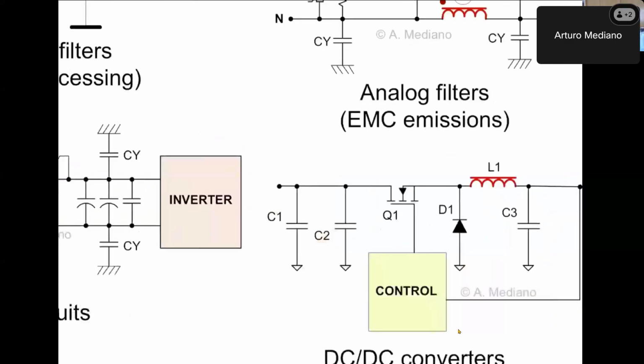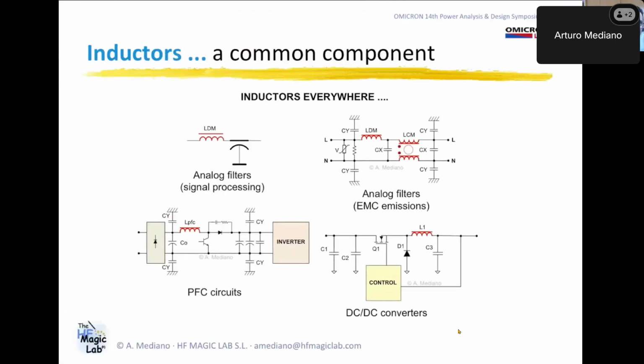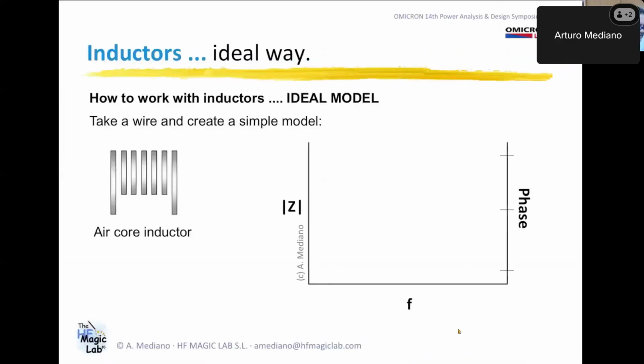And finally, we have DC-DC converters or topologies, where in this example we are seeing a buck converter and the typical inductor at the output of the converter. Remember, I am not explaining anything here about transformers, but transformers can be analyzed in a similar way to how I will do with inductors.